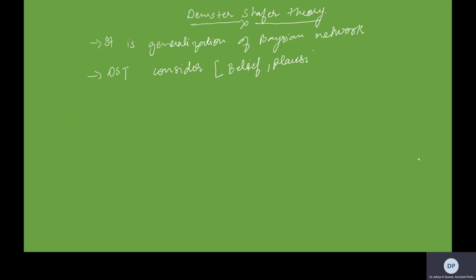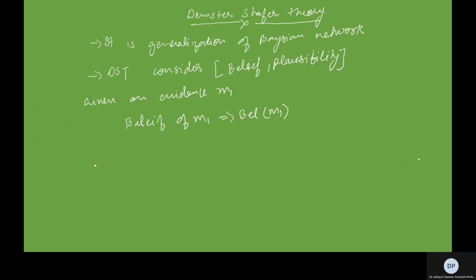Let me explain what those are. Now, given an evidence M1, belief of M1 can be written as belief of M1.